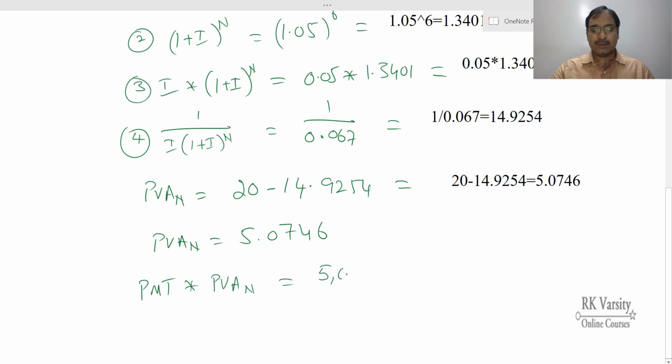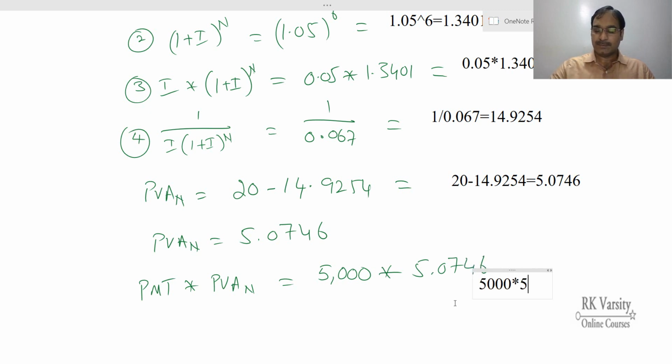This equals 5,000 times 5.0746. This comes to 25,373.